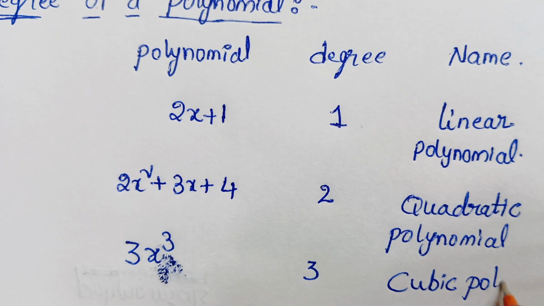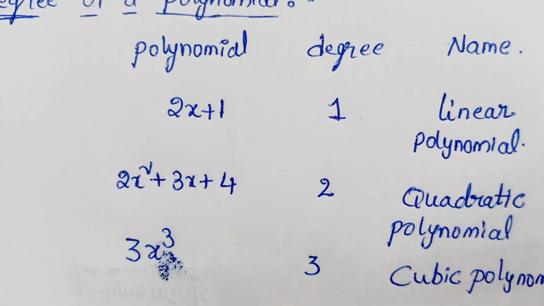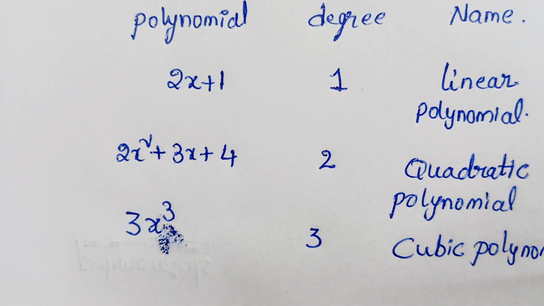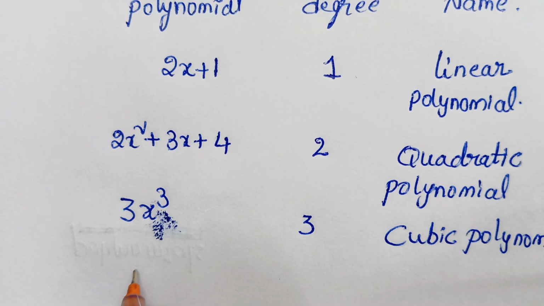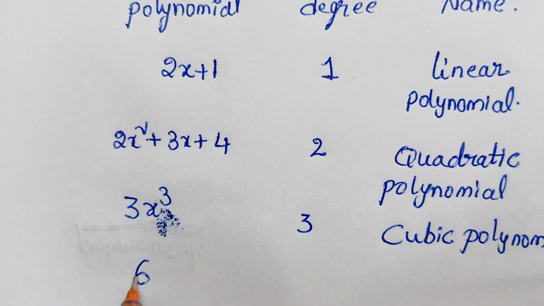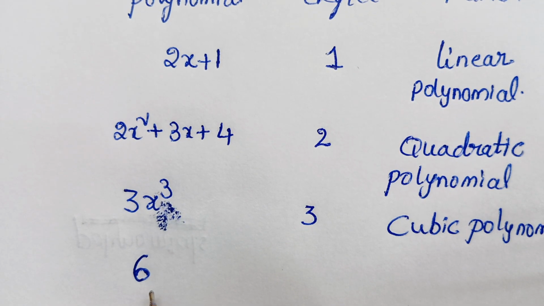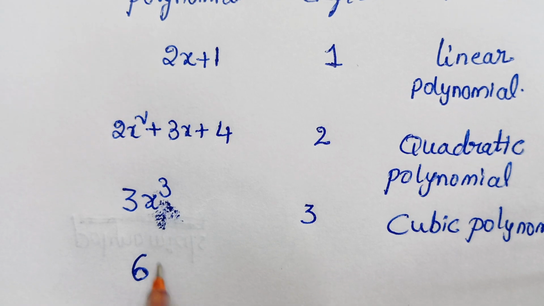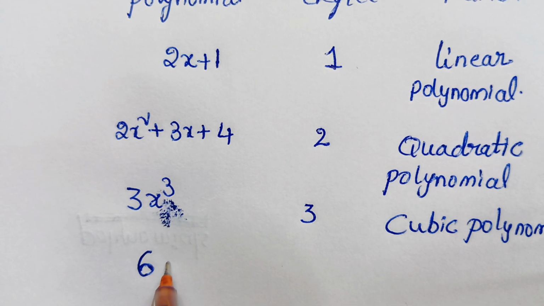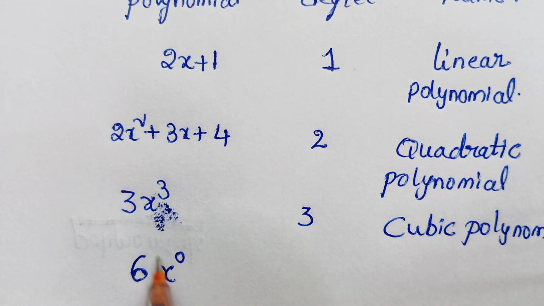Suppose we consider a constant. Is this a polynomial or not? Check it here. Suppose we consider the constant 6. Observe, is this a polynomial or not? Here we assume x power 0, so the a x power n form is there.